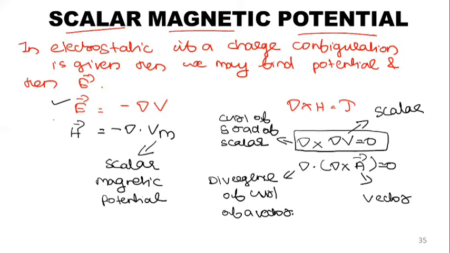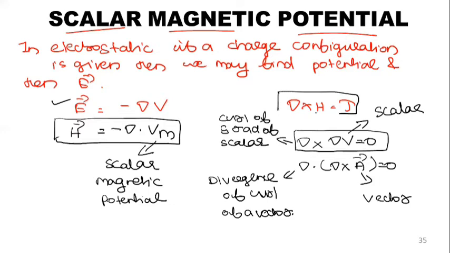And similarly, we have H is equal to minus del Vm. And also we have del cross H is equal to J. And this del cross H can be equal to 0 if the current density is 0. If J is equal to 0, then del cross H will be equal to 0. So all these things we can say. So combining all the three equations, we can write.